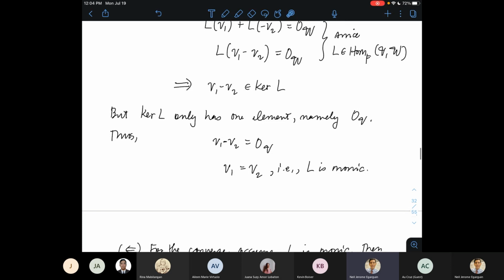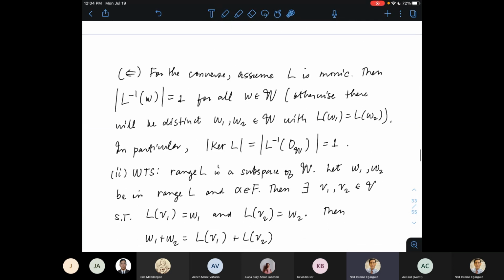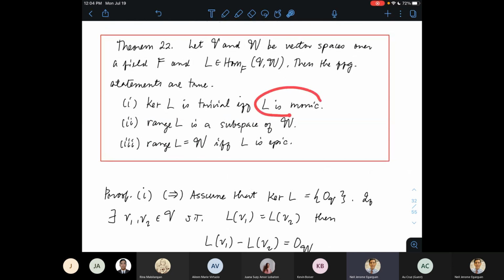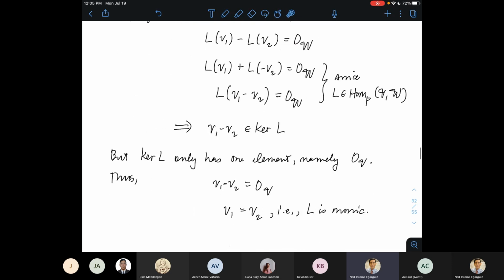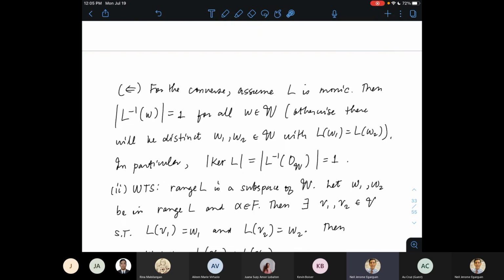So, okay, let's go to the other half, which is the converse. So for the converse, again, go back to your statement here. We need to assume that L is monic and show that the kernel is trivial. Right? Let's see how it is done. Okay, for the converse, we assume that L is monic.